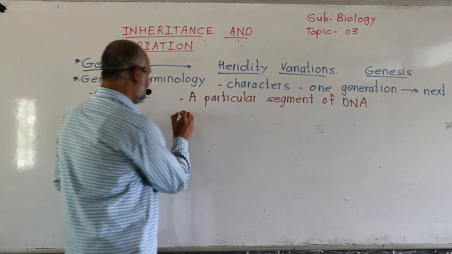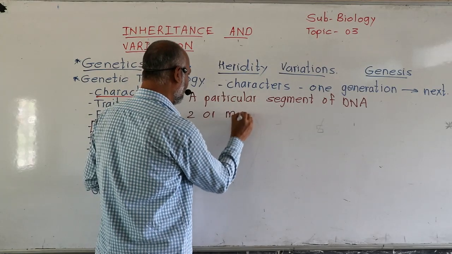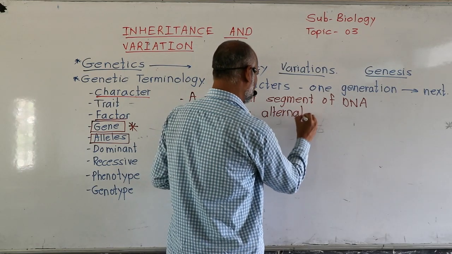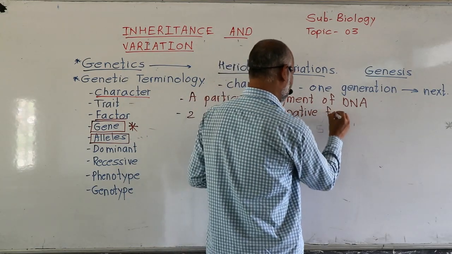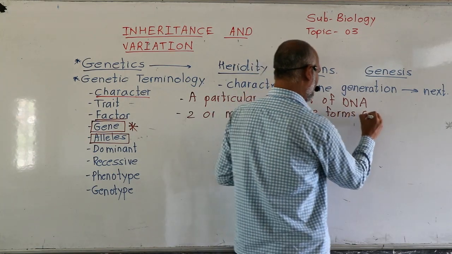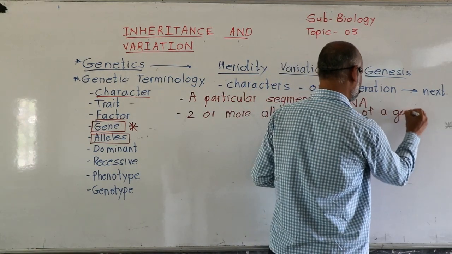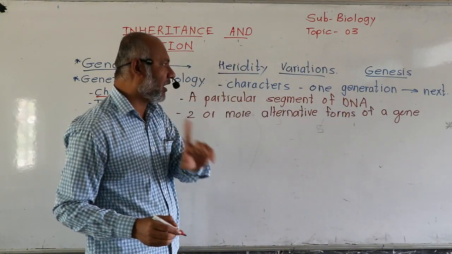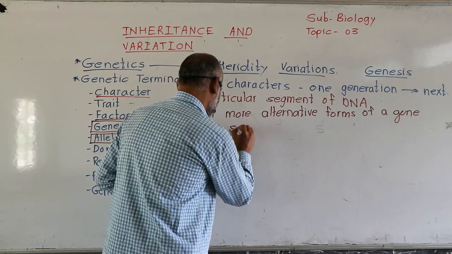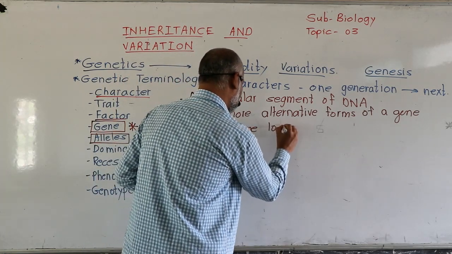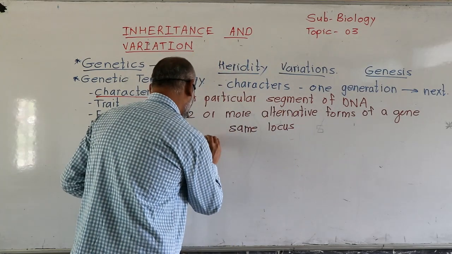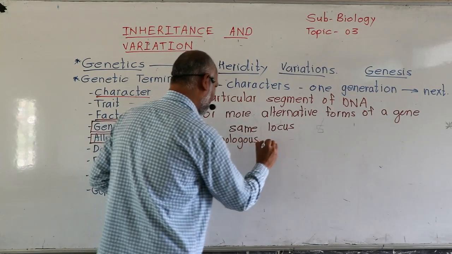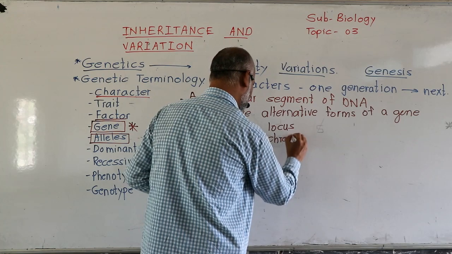The alleles are two or more alternative forms of a gene present on the same locus. It is important: present on the same locus on homologous chromosomes.